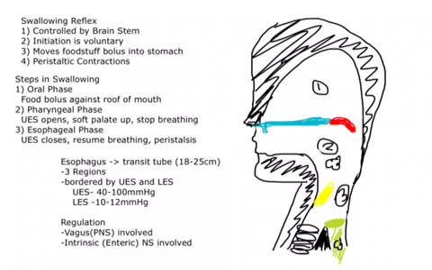And we've already talked about the upper esophageal sphincter, but our esophagus is bordered on top by the upper esophageal sphincter, and then the lower portion of our esophagus is bordered by the lower esophageal sphincter. As we said before, the upper esophageal sphincter has a very high pressure, 40 to 100.